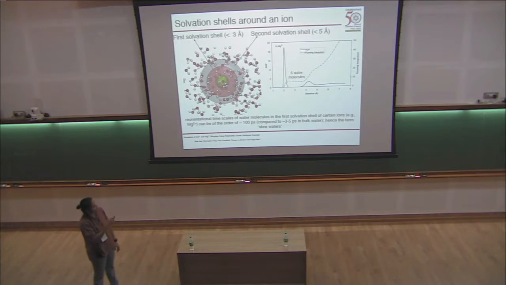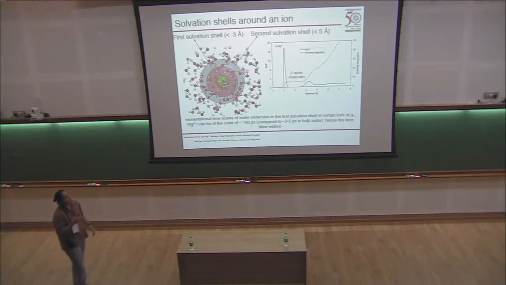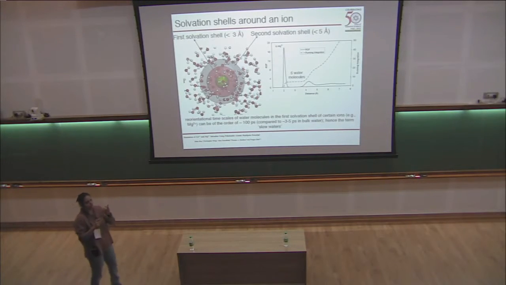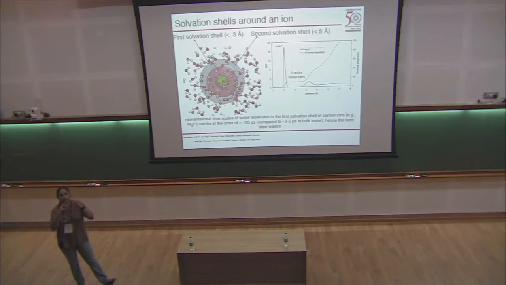The definition also changes because for magnesium the lifetime of water molecules in the first solvation shell is very large, so it becomes a bit difficult to say what this number would be for other ions, because the lifetime of water molecules in the first solvation shell is very, very small for, let's say, sodium. Typically, the reorientation time scale of a water molecule in the first shell is 100 picoseconds. If you remember, I said earlier that a bulk water molecule reorients every 3 picoseconds. But water molecules in the first solvation shell are more or less rigid on that time scale, so they stay in that orientation for about 100 picoseconds.